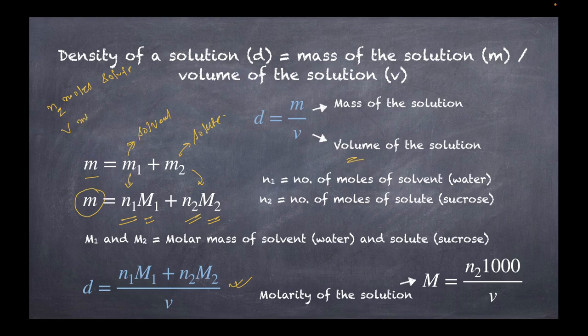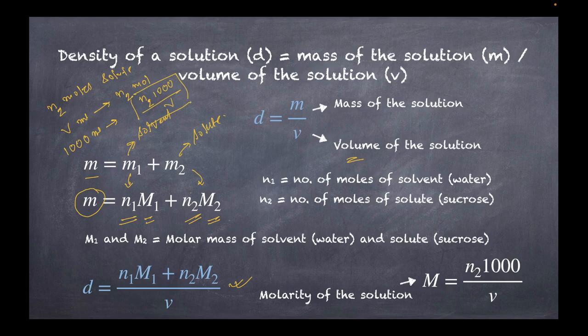So in V ml of solution, n2 moles of solute, that means sucrose, are present. So in 1000 ml of solution, how many moles of sucrose will be present? n2 times 1000 divided by V.